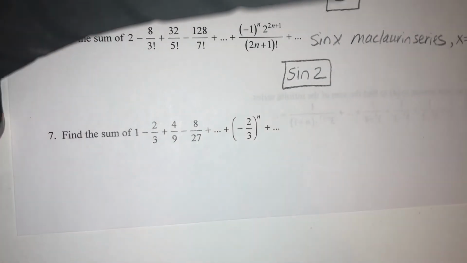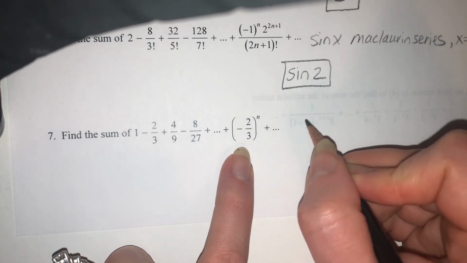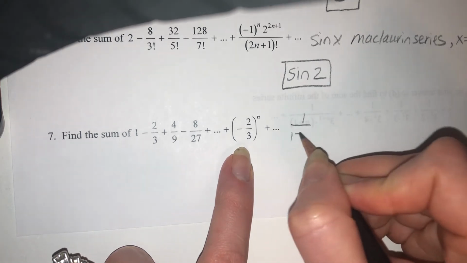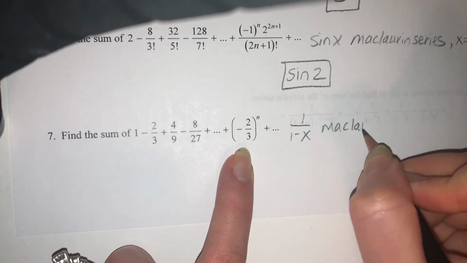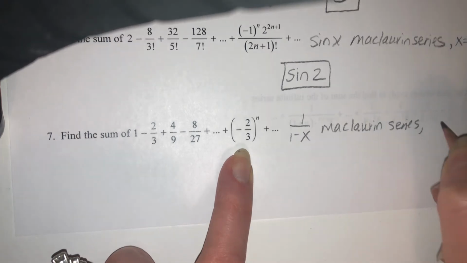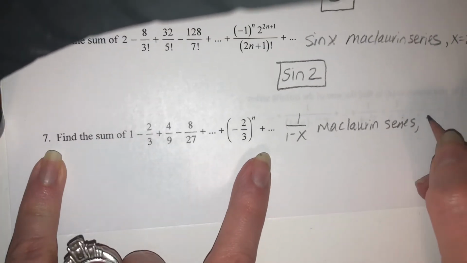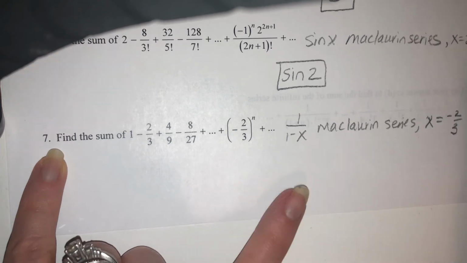Now, number 7, hopefully you've also given this one a try. This one is the Maclaurin series for 1 over 1 minus x where the x value is equal to negative 2/3.